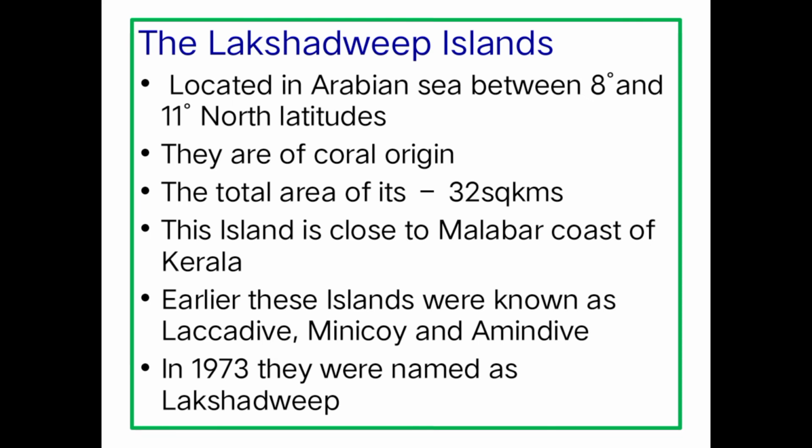The Lakshadweep group of islands are located in the latitudinal extent of 8 degrees and 11 degrees north latitudes. They are of coral origin. The mount is immersed inside, and these are the fringes.